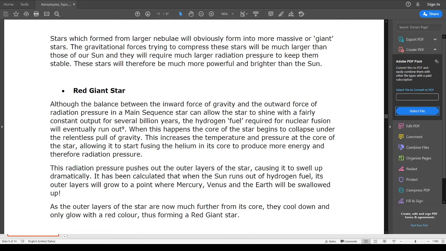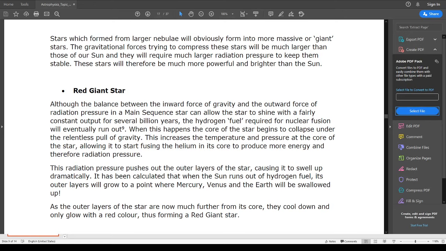So Gmm by r square. The larger the mass, the more the gravity. Simply, the larger the mass, the more the gravity. If you can recall that much, that will be alright for now. Larger the mass, the larger the gravity. Alright, so the larger the nebula, there is more hydrogen. The more hydrogen you have, the more mass you have.